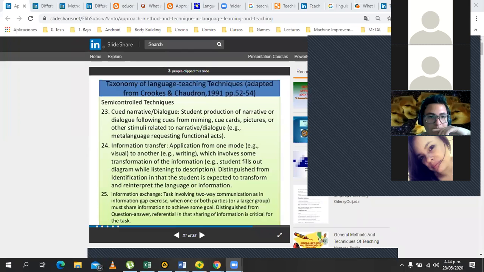Because with this game, students can challenge themselves to learn and at the same time can play and also learn about the subject the teacher is going to teach. Okay, very good. Okay, sounds good.